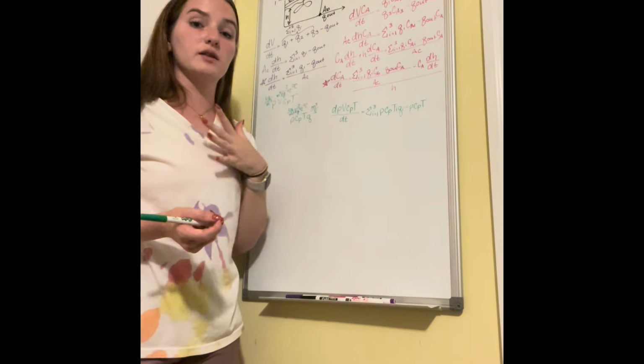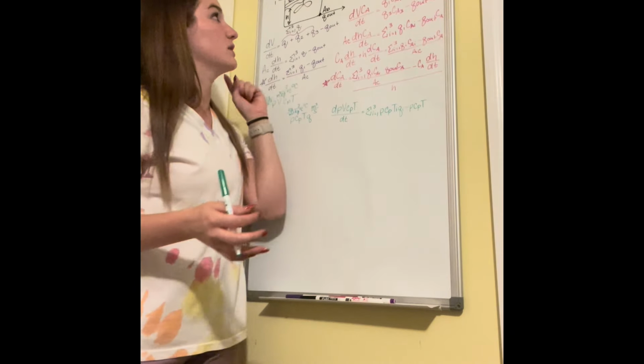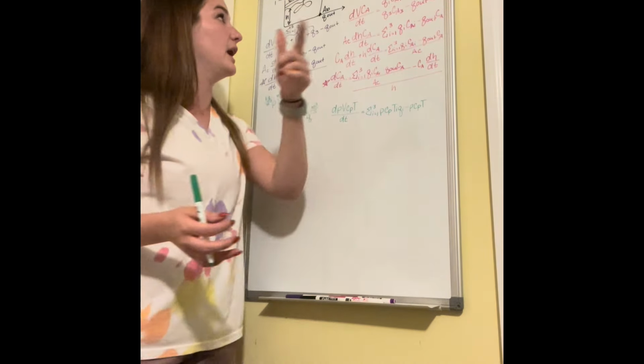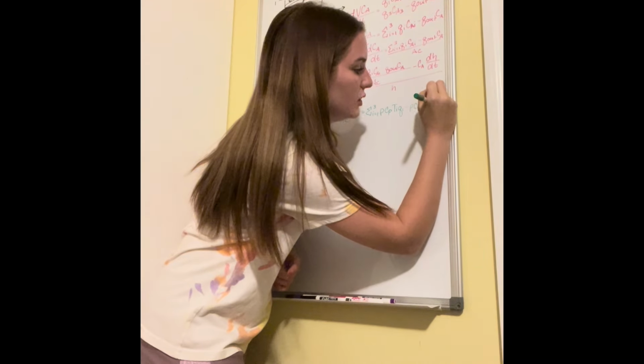So we can just say that our temperature is just T. We don't have to put T out because we know that the temperature going out is the same anywhere throughout the tank. So it's going to be T times our Q out.